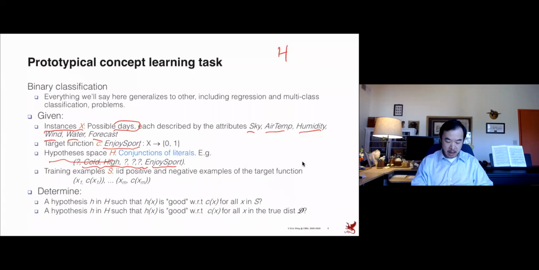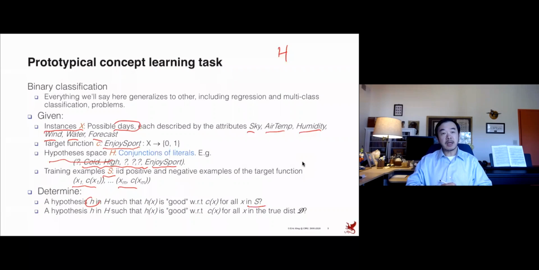And then we're going to train our H by training examples S, which is usually a finite number of feature and outcome pairs. We've known that already, right? And then we're going to determine the following things. First of all, we're going to find an H which we believe to be good on the training set S. We call it empirical risk minimization in a second.